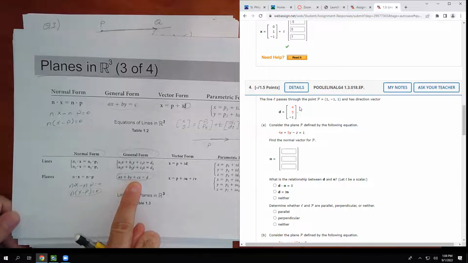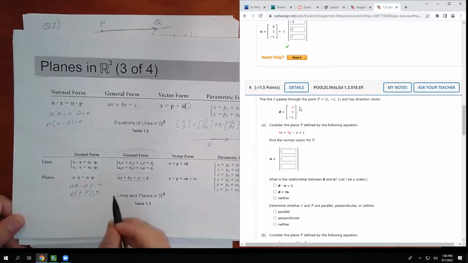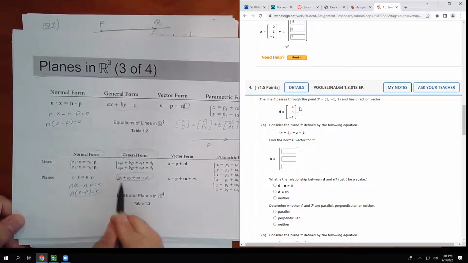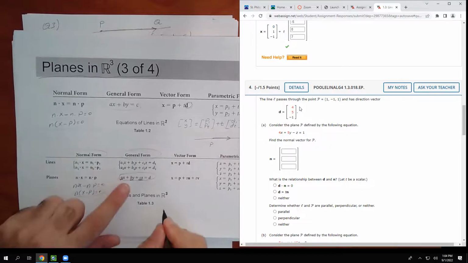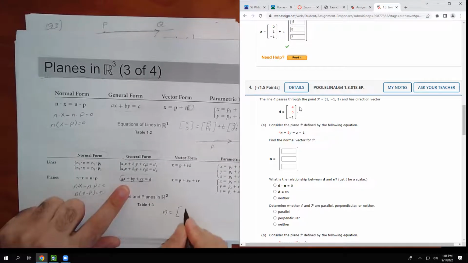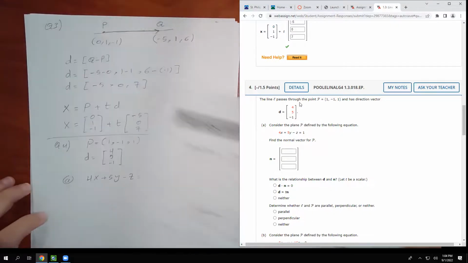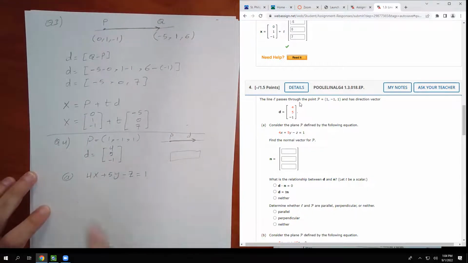The normal vector, remember when I told you, is the A, B, and C from the general form. That means N, the normal vector, is A, B, and C. So the normal vector is going to be 4, 5, and -1.